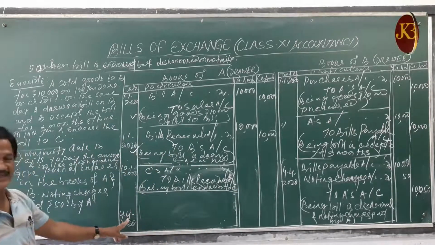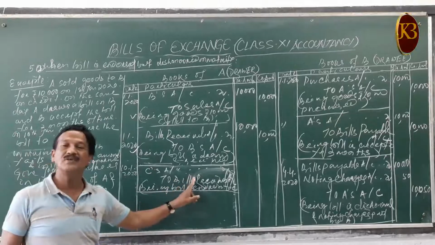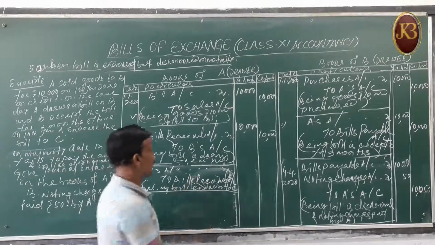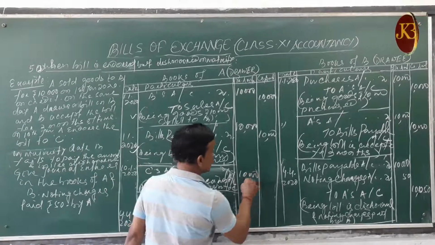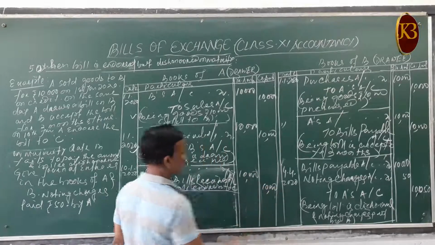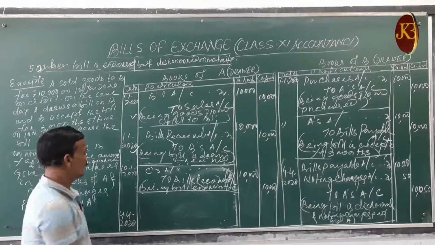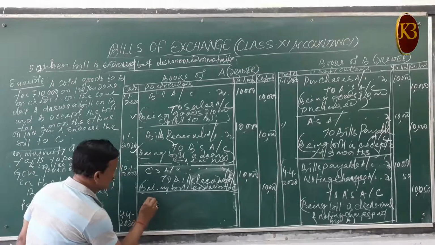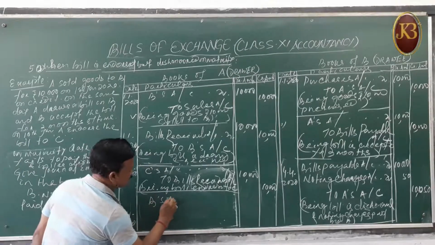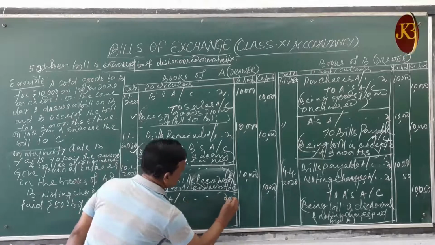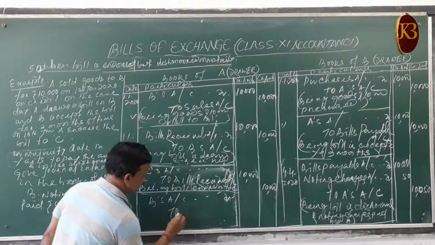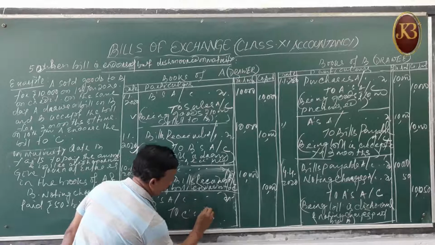Then on the maturity date, when the bill is dishonored, so this is 10,000. On the maturity date, when the bill is dishonored, B's account is debited to the endorsee's account, to C's account.